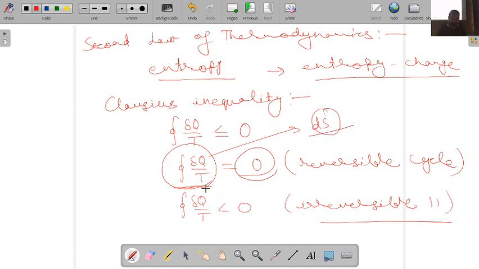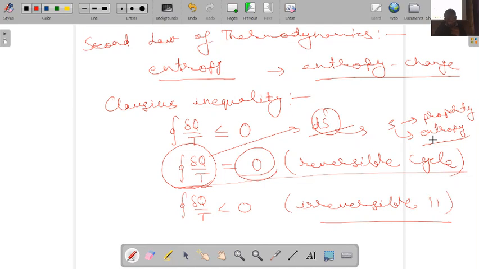But remember one thing, over here we have defined this one for a reversible cycle. Okay, so this ds equal to 0 is showing that S is a property of a system. Okay, and if S is a property of a system, that particular property should have some name, so we call this property the entropy. Okay, we know that entropy, a property of a system, is nothing but a state function.